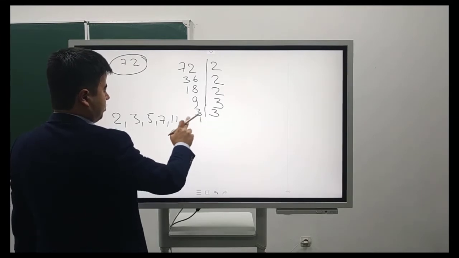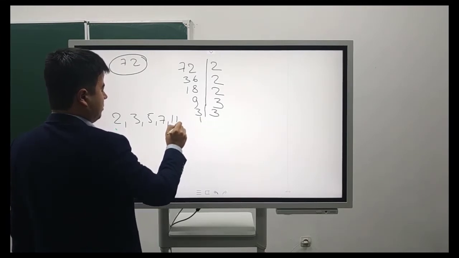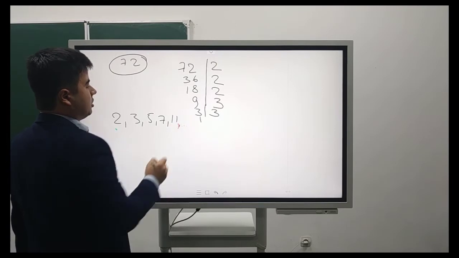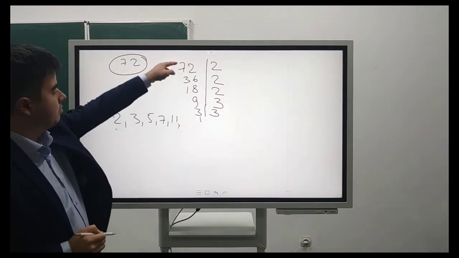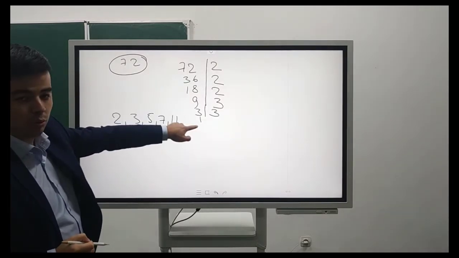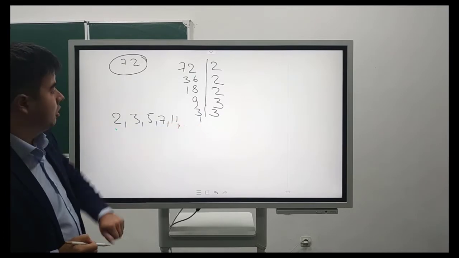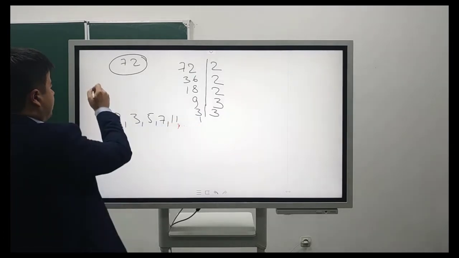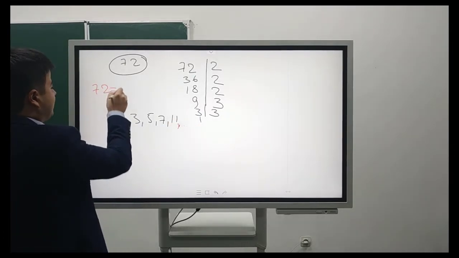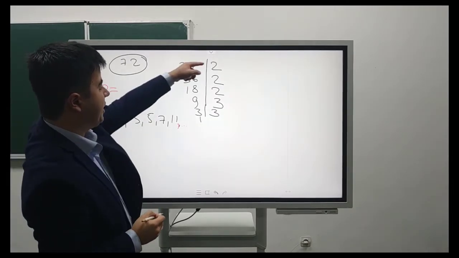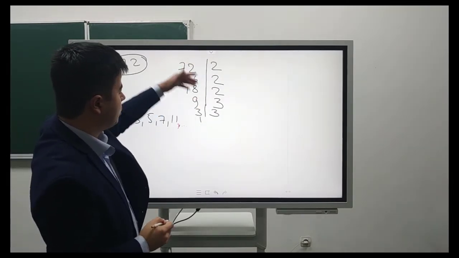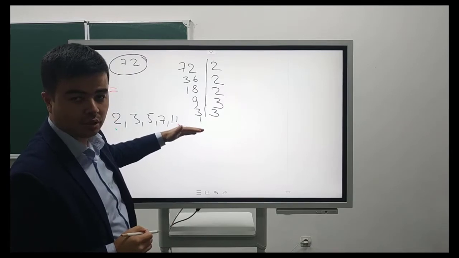Let's clear this one. So we will continue till 1 here. Now, we can write 72 as a product of these numbers, because we divided by these numbers.